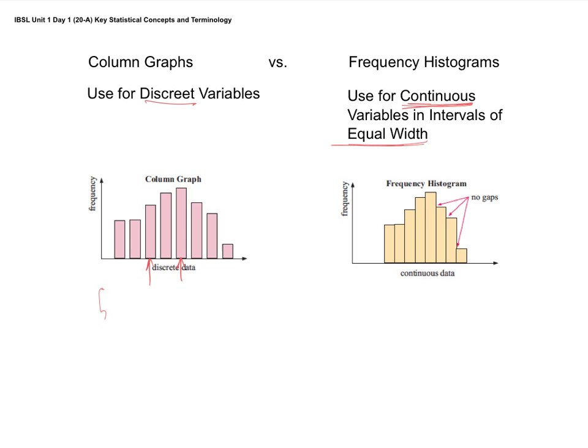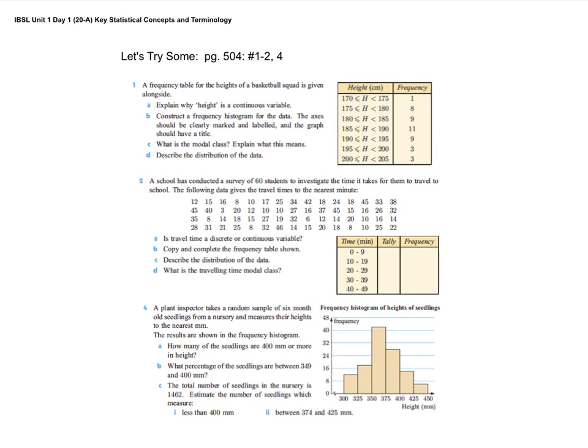You'd have a gap there. So again, remember, discrete, we're thinking about counting. Continuous, we're talking about things that are measured in general. I know we're hitting a lot of different terms here, but we're laying groundwork for the rest of what we need to do.